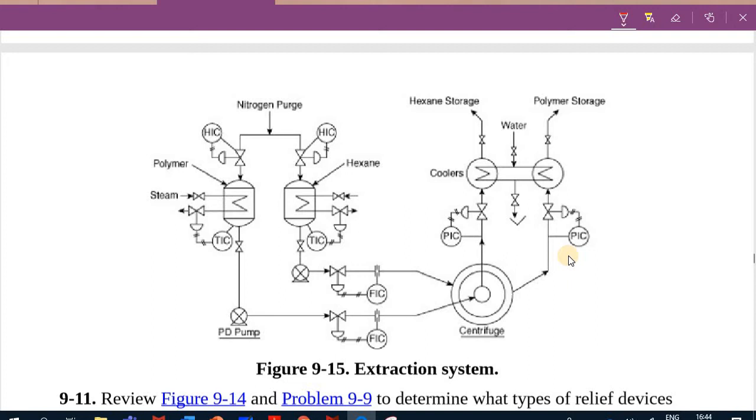I did not draw everything, just a quick one here and here and here and here as well. What else? I'm going to put it here, okay, and here. Okay, so I just included that in every location where I would expect to have an overpressure.